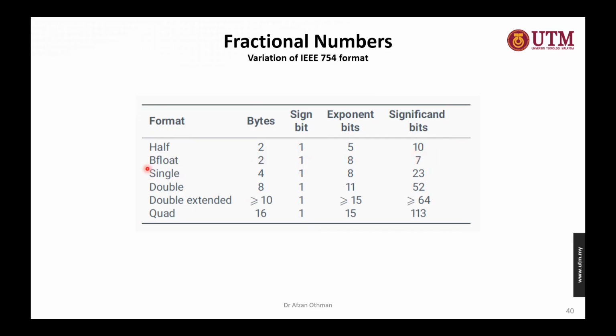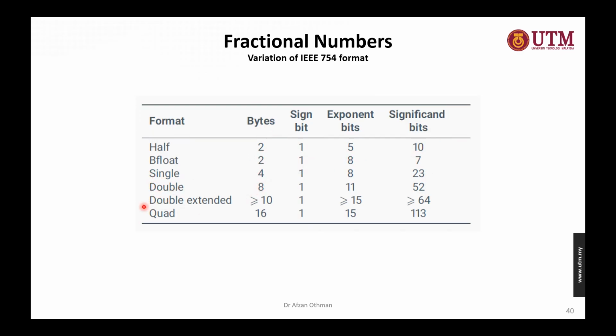Previously we already looked at the single precision and double precision, which consist of 4 bytes for single precision, while double precision is 8 bytes. So 4 bytes is equivalent to 32 bits of data, and 8 bytes is 64 bits of data.